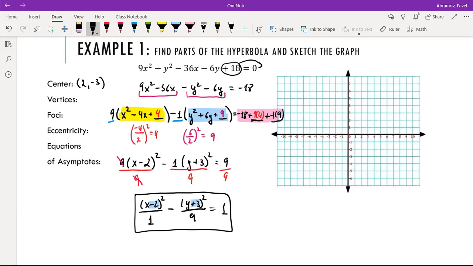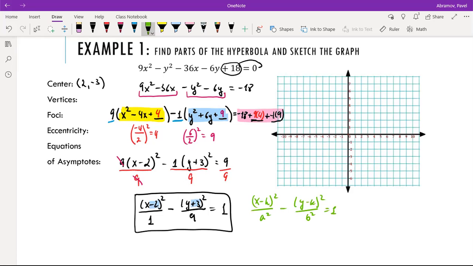Please remember that we have to change the signs. So it looks like our equation in general is of the form x minus h squared over a squared minus y minus k squared over b squared equals 1.